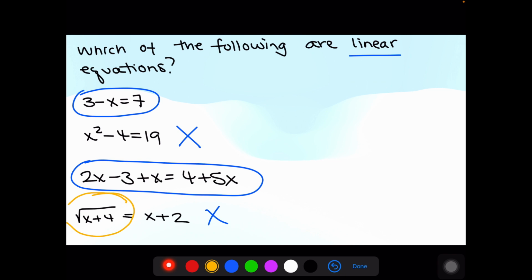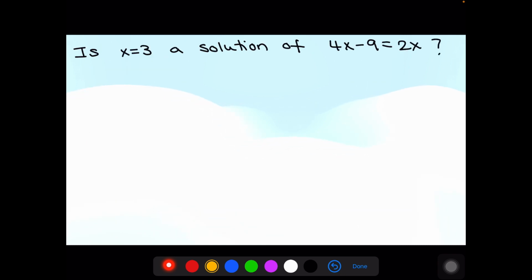All right, so our goal is going to be solving linear equations. And when we solve a linear equation, when we try to find a solution, we're finding a number that if you plug it into the equation, it gives you a true statement. So in this next example, the problem says, is x equals 3 a solution of the equation 4x minus 9 equals 2x?